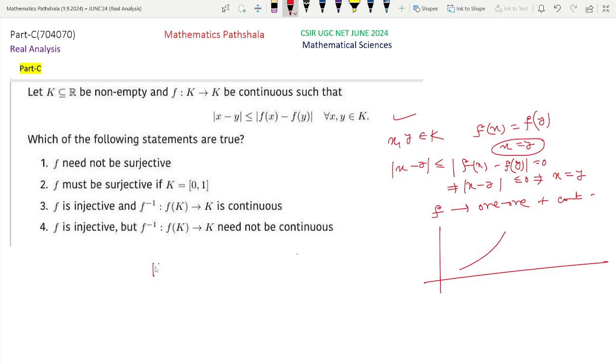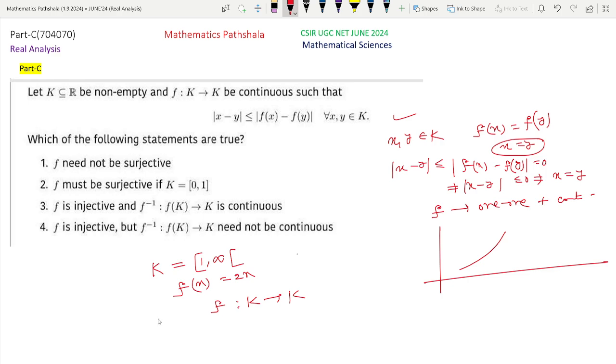If we choose K equal to the unbounded interval [1, infinity), and if we choose f(x) equal to 2x, then clearly f is a function from K to K and also satisfies the given condition, and f is 1-1 and strictly increasing.